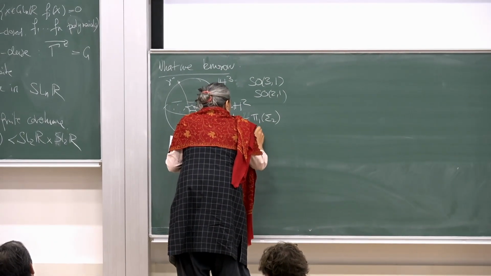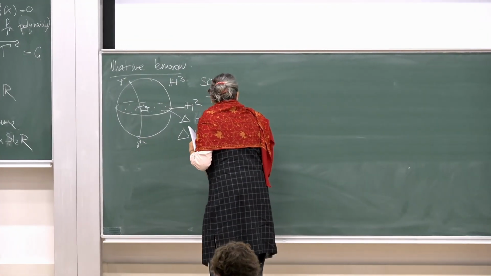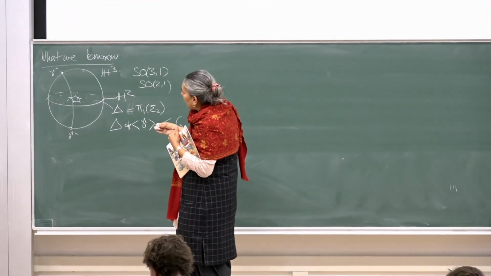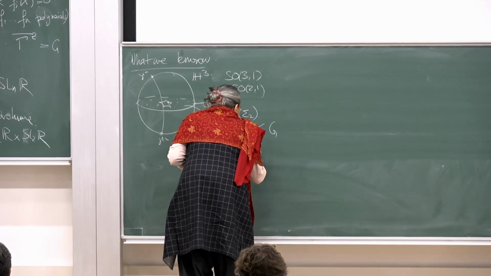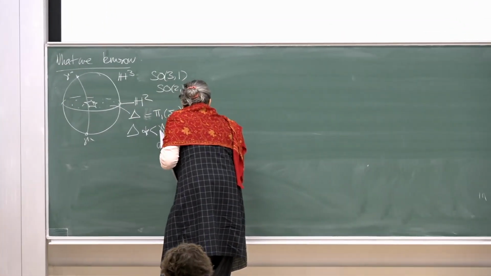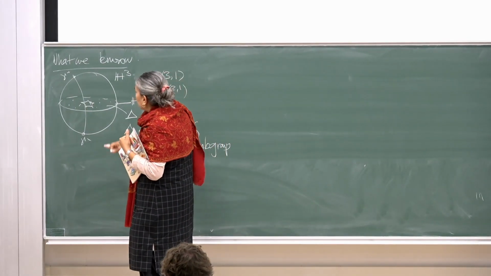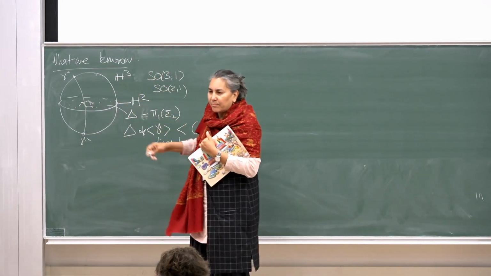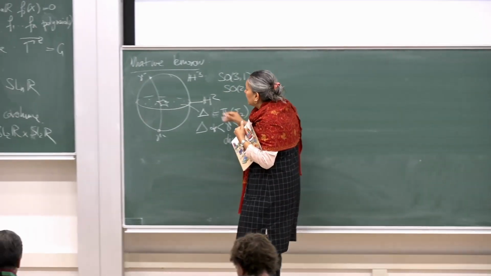You do this, and if you do your thing well, this is a discrete subgroup. And it's Zariski dense because the boundary of it is going to be dense in the big boundary.